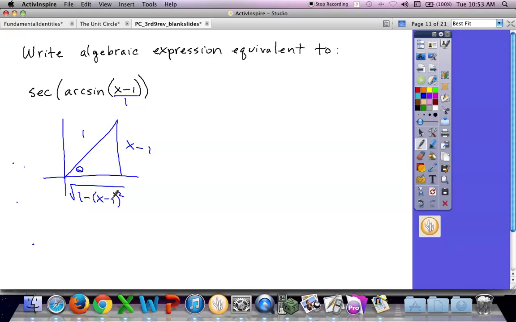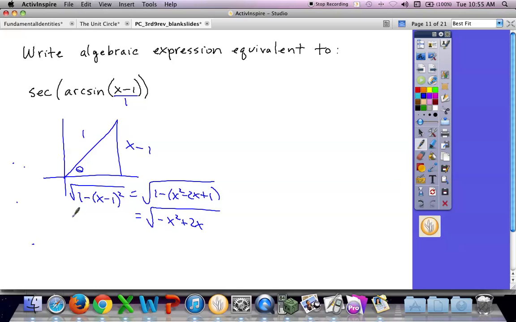You would have to FOIL x minus 1 inside the radical, right? That would be the square root of 1 minus x squared minus 2x plus 1, right? Which is the square root of, and the ones are going to cancel. 1 minus 1 cancels, right? That becomes negative x squared plus 2x.